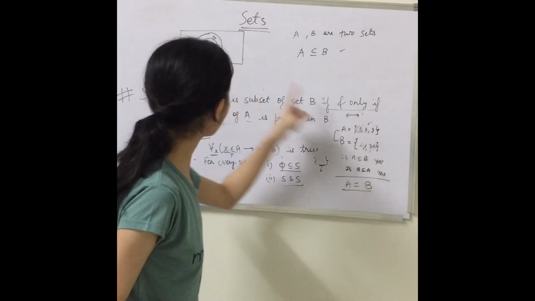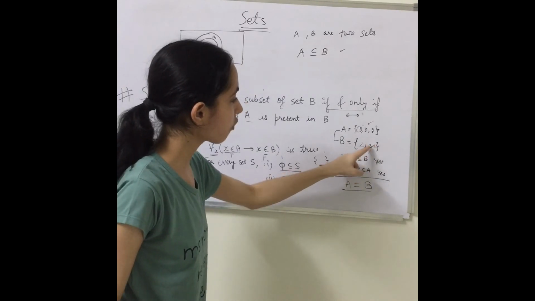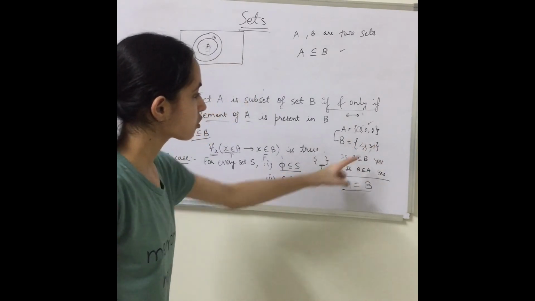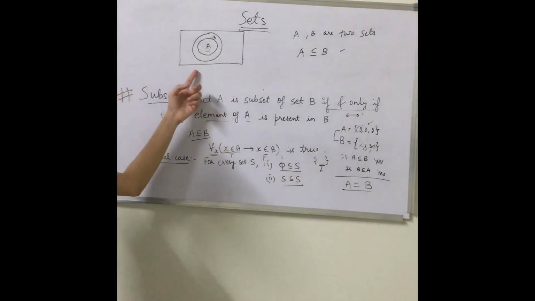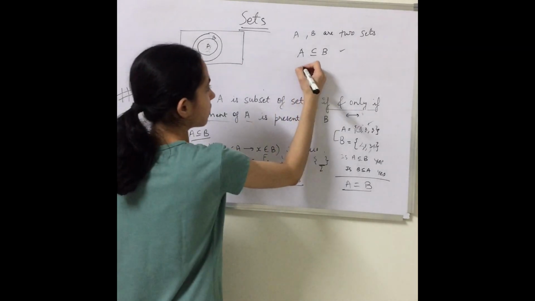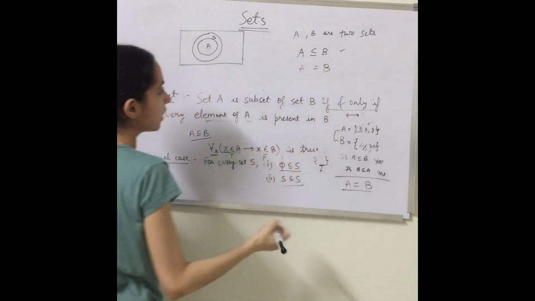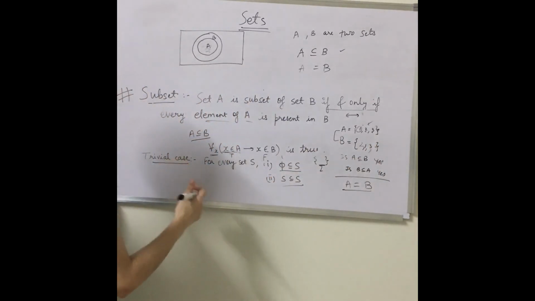So all elements of A are present in B, but 4 is not present in A. So all elements of B are not present in A. So this is our case when A is a subset of B. It is also possible that A equals B, meaning both sets are equal.